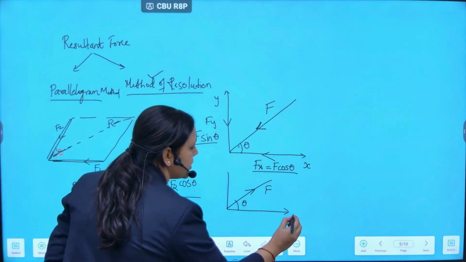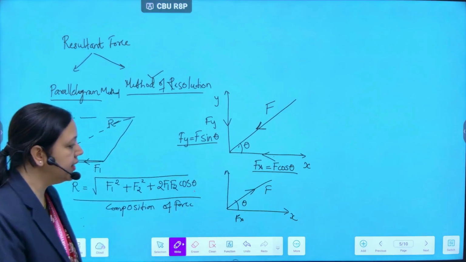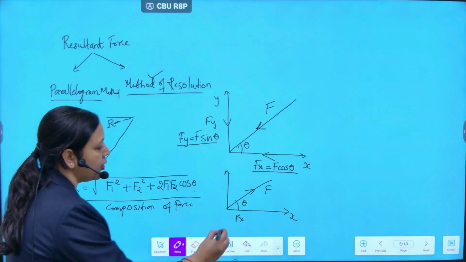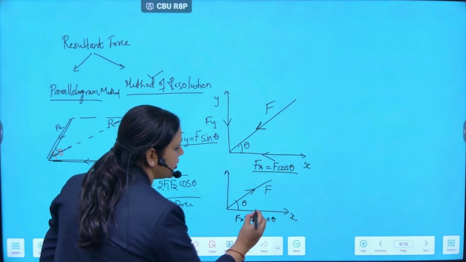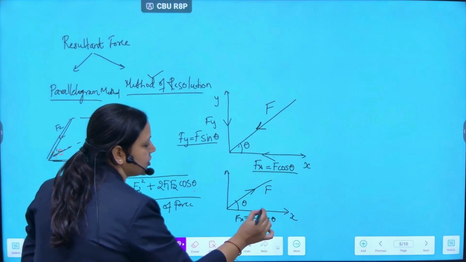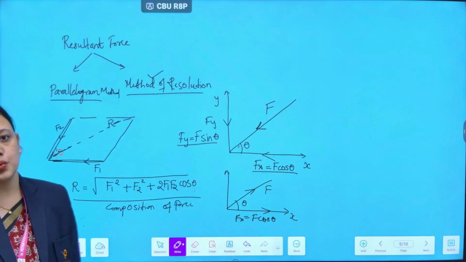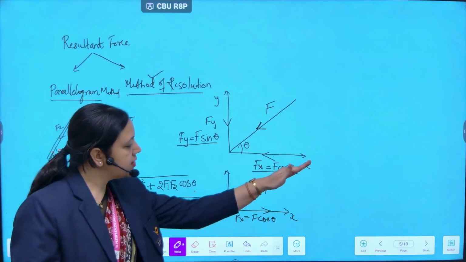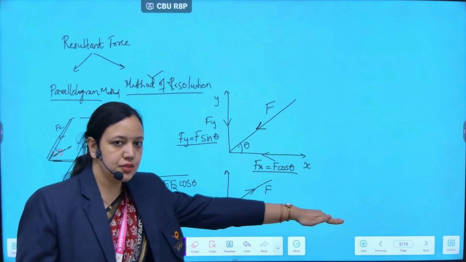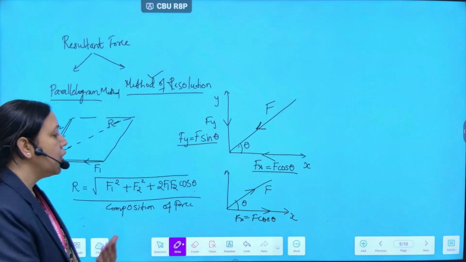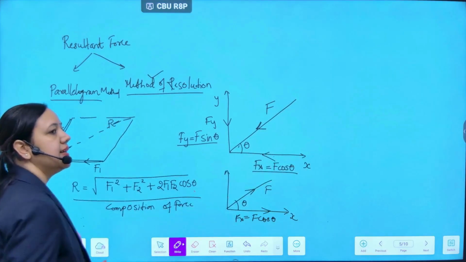Then I will call Fx my horizontal component, given as F cos theta, and it acts in the outward direction, because my force is outward. When force is in inward direction, the resultant will also be acting inwards.